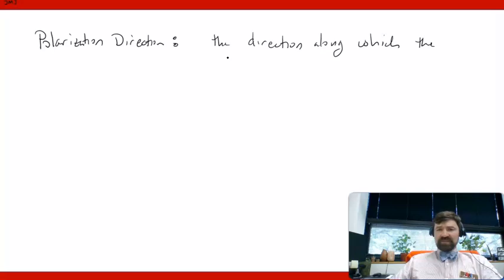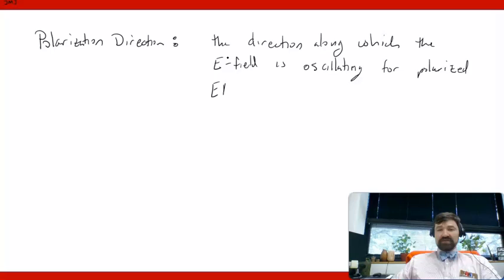So in some sense, the big vocabulary term is polarization direction. This is the direction along which the E field specifically is oscillating for polarized light, or for a polarized EM wave.